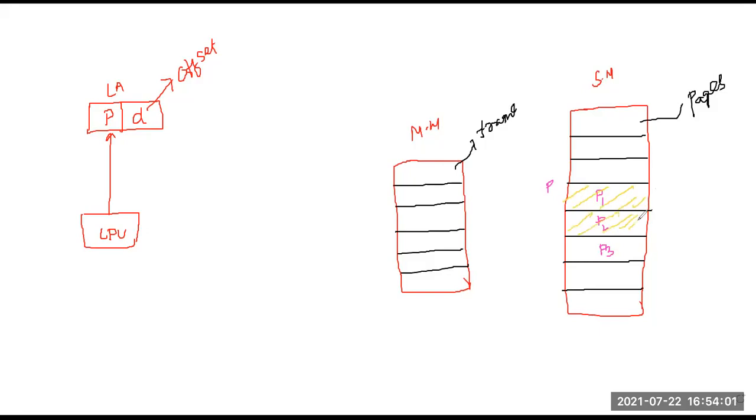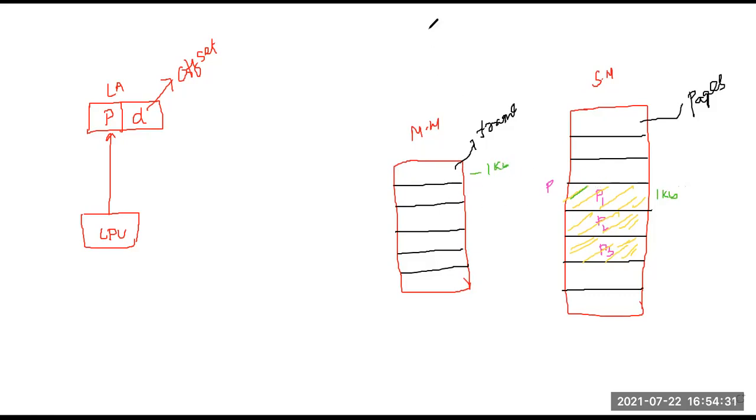As I already said, we are assuming the programs are stored continuously in secondary memory, but it may or may not be so. Now suppose this program P is placed in main memory, and each frame is 1 KB. Each of these blocks will also be of size 1 KB.